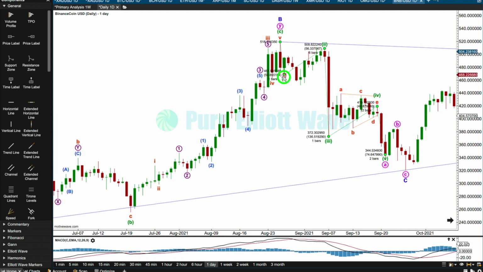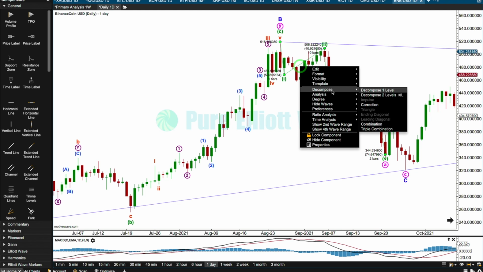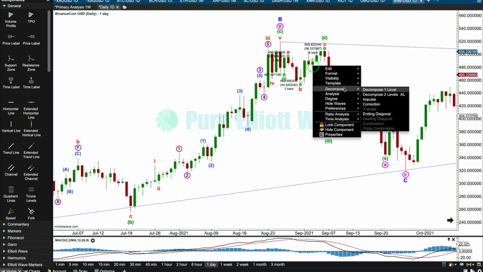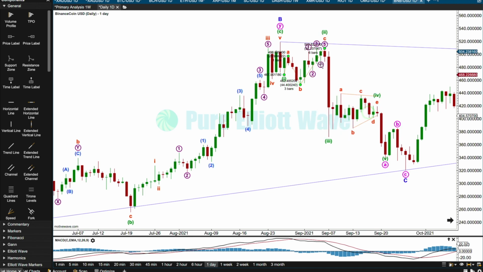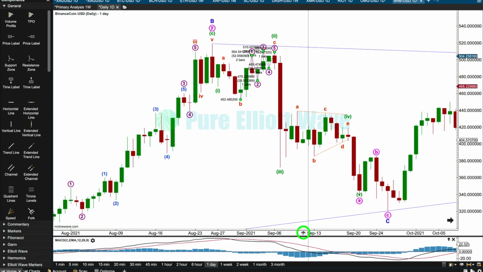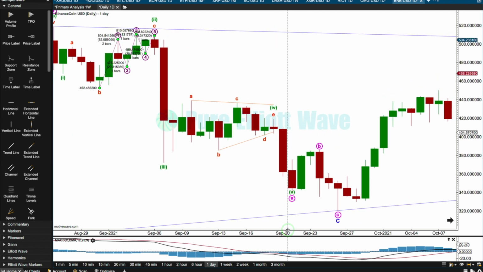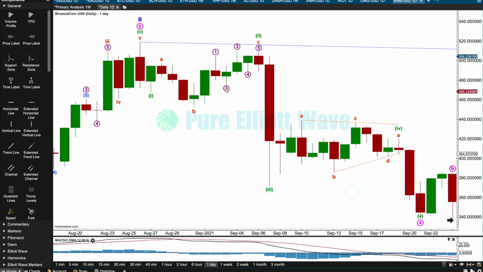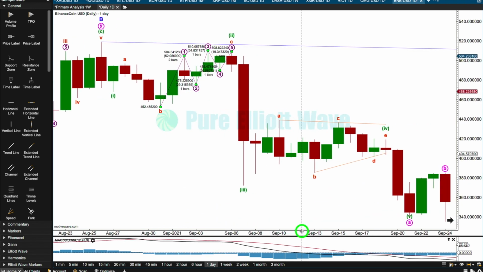Oh, that doesn't look very good for 1. Is 2 an expanded flat, maybe? C an ending diagonal. I'm just going to expand this out so I can check these wavelengths. Yeah, 5.